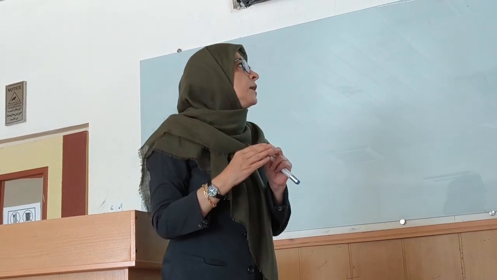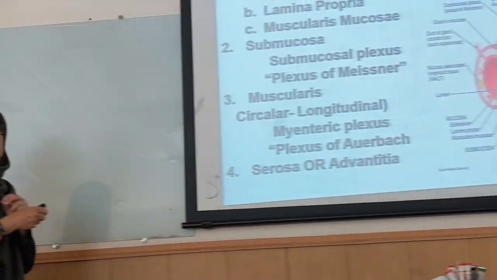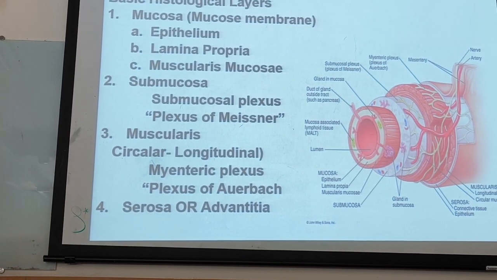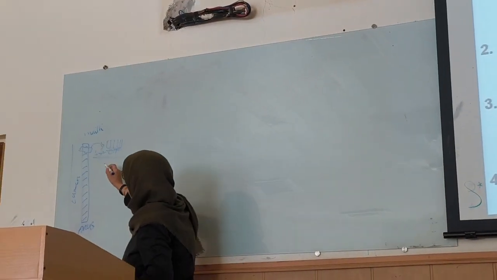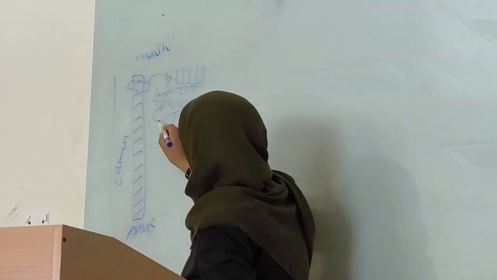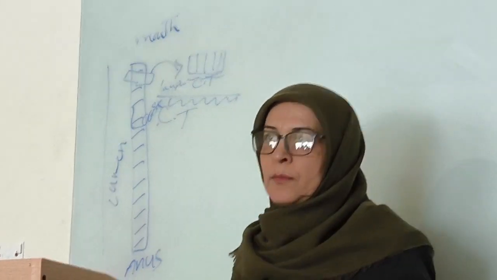The muscle that separates the mucosal layer from the submucosal layer, and its function is the movement of the mucosal layer on the submucosal layer. The second layer is the submucosal layer, located under the mucosal layer, which is again connective tissue, as loose connective tissue.